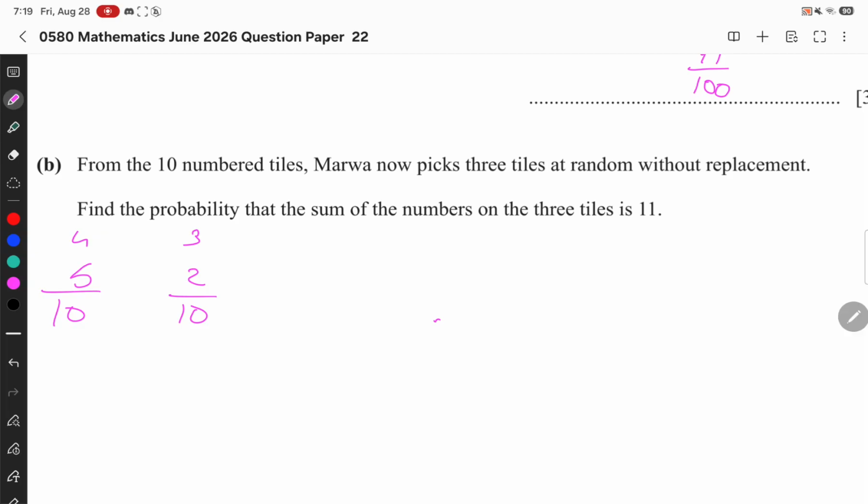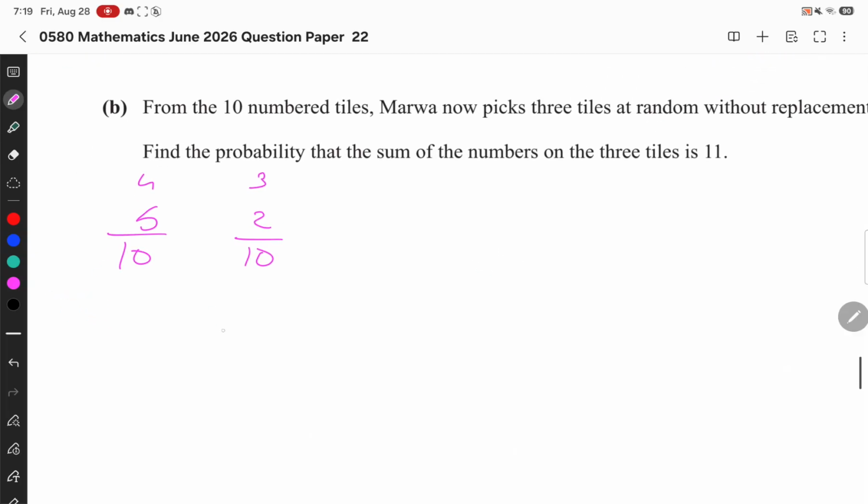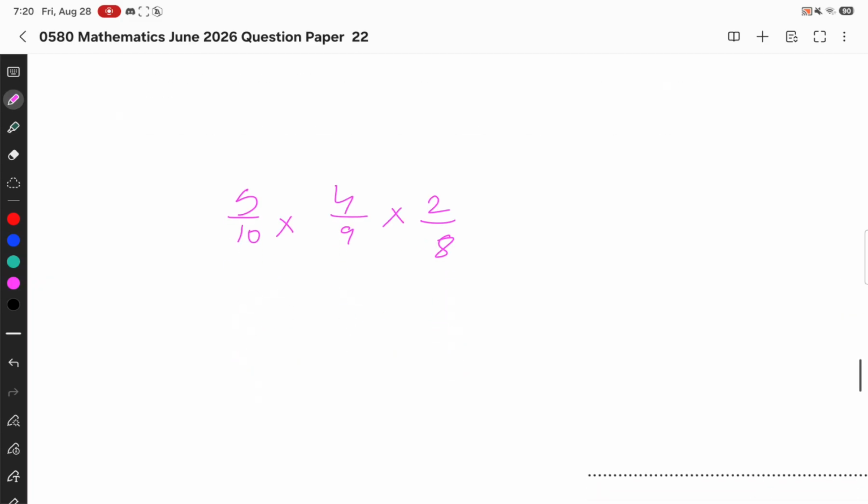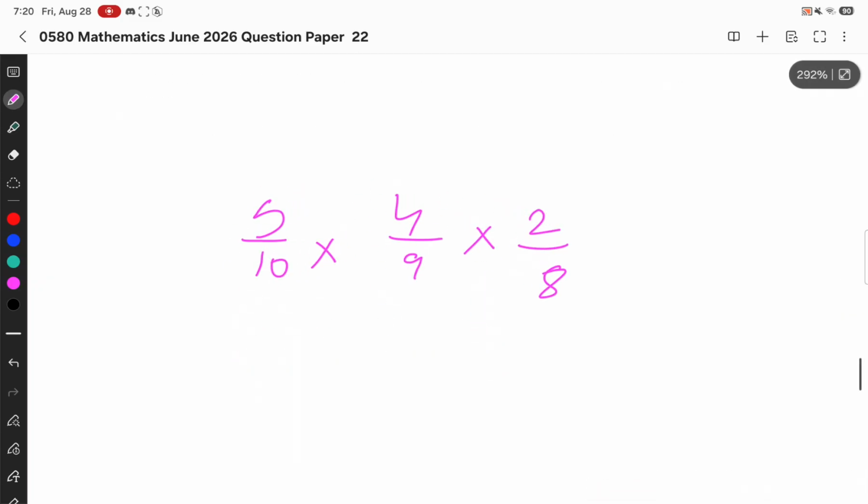So let's do P: 5 over 10 times 4 over 9 times 2 over 8, because there are 10 tiles and each time you pick, there are fewer. Now how many tiles do we have of 4? 5. Then we haven't picked a 3 yet, so that's why it is 2. You can use a probability chart with those 3 diagrams, but to save time I'm not using those. Let's simplify.